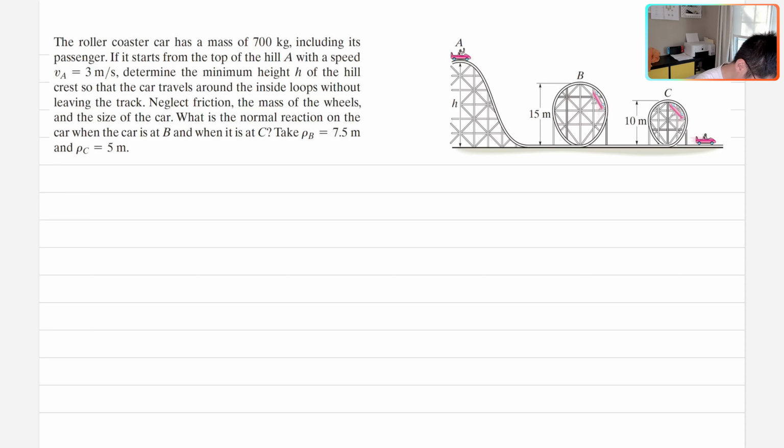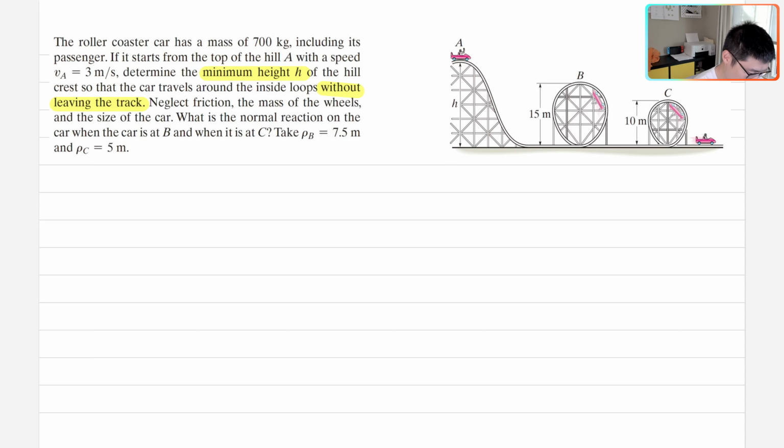We have a roller coaster car that has a mass of 700 kilograms, including its passenger. If it starts from the top of hill A with a speed VA of 3 meters per second, determine the minimum height h of the hill, which is right here, so that the car travels around the inside loop without leaving the track.